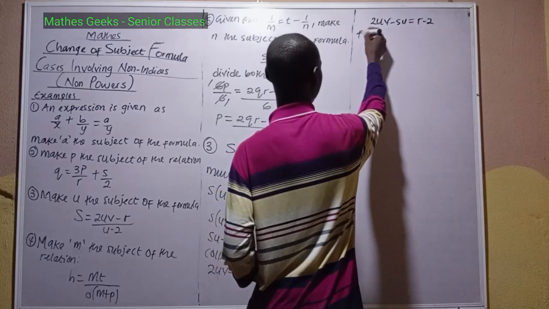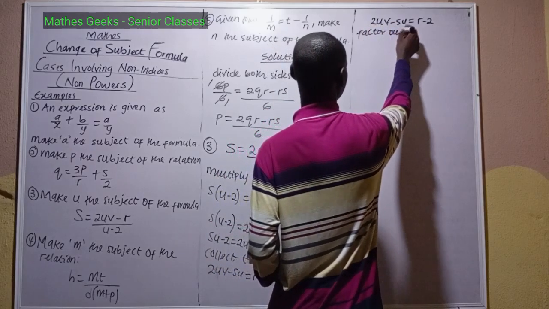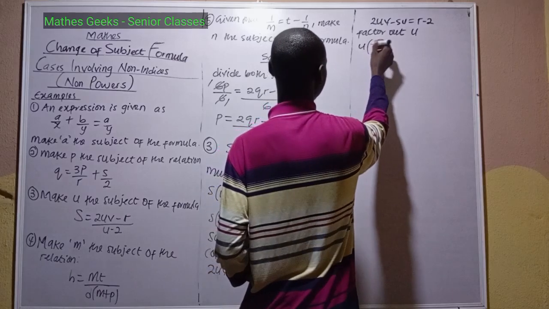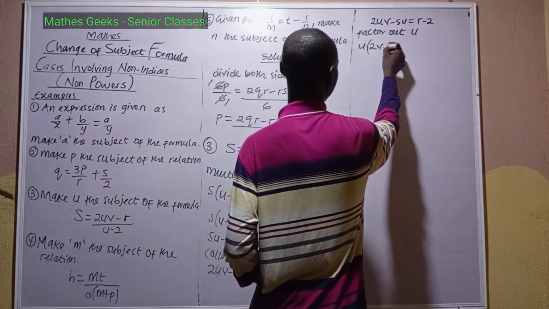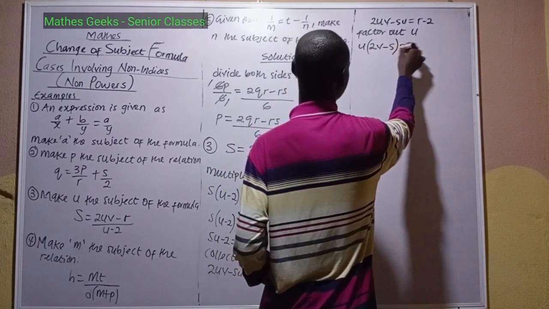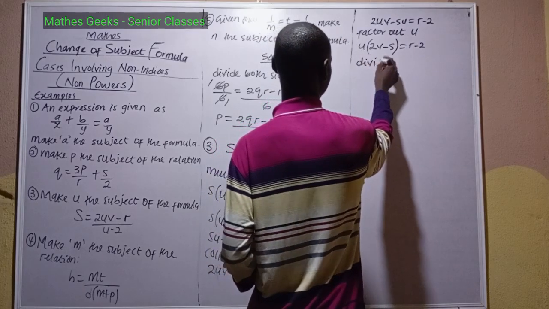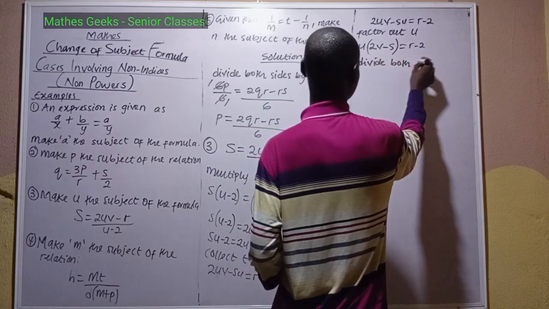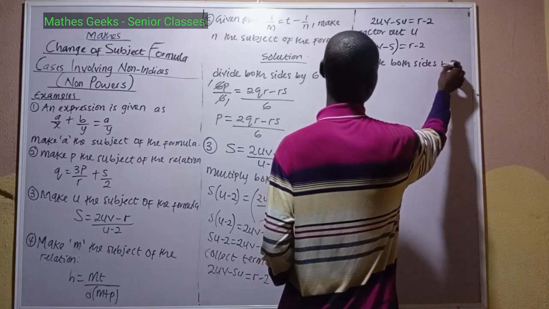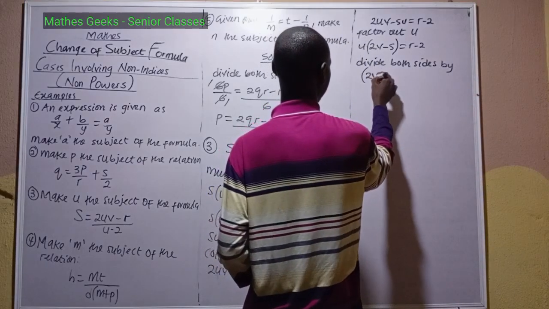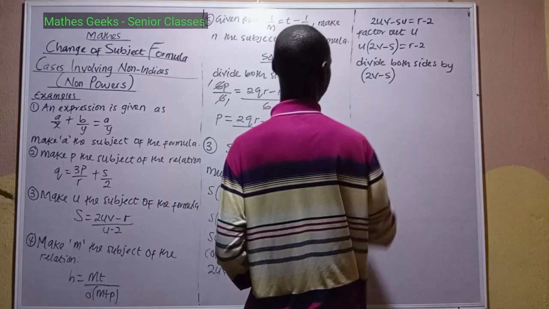So factor out u. So u(2v minus s) equals r minus 2s. So divide both sides by 2v minus s.